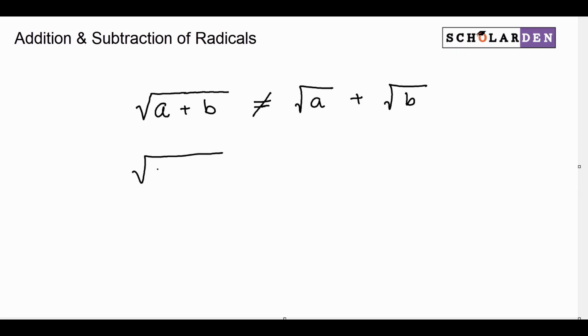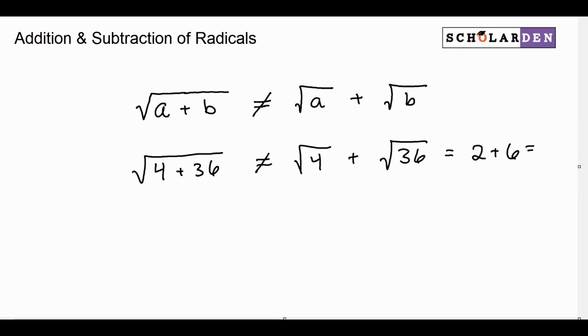So for example, if I had the square root of 4 plus 36, that does not equal the square root of 4 plus the square root of 36. That would be 2 plus 6, which is 8. But what the square root of 4 plus 36 is really equal to is the square root of 40.